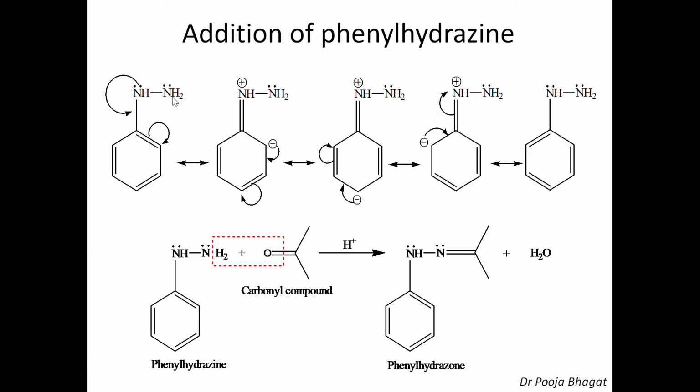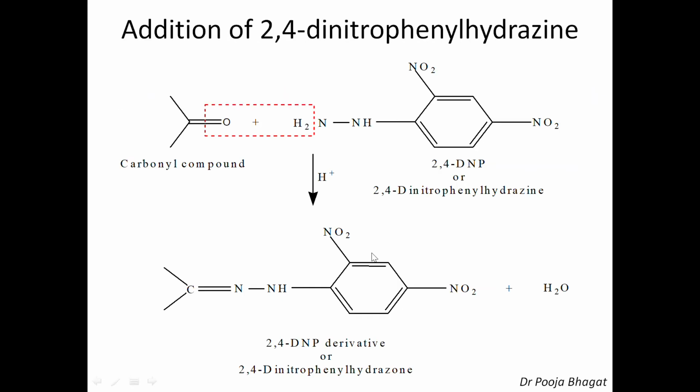So the two hydrogens of this nitrogen and the oxygen from the carbonyl group are lost as a water molecule, and you get nitrogen double bond carbon. This reagent is phenylhydrazine, and the product obtained is called phenylhydrazone. So phenylhydrazine reacts with a carbonyl compound in the presence of acid to give phenylhydrazone.